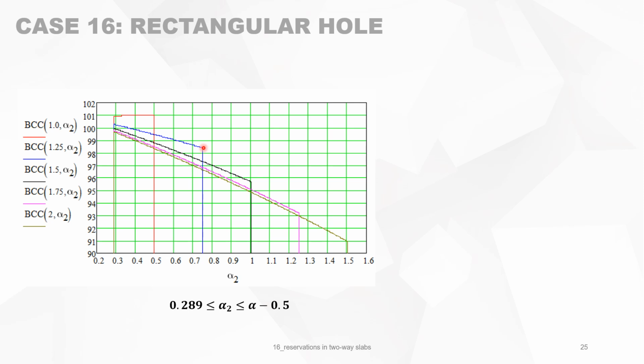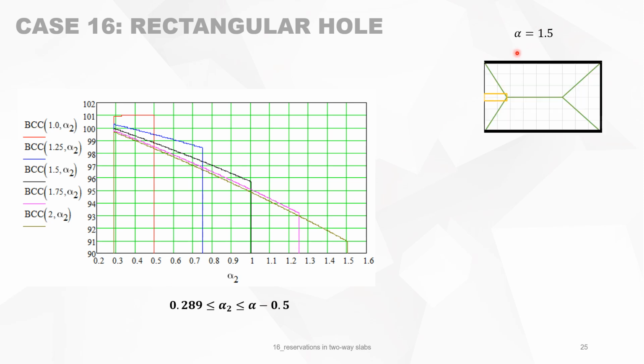But after this point, when alpha 2 is bigger than 0.75, it is getting out of range because alpha is 1.25. So then the formula drops there. This is only the range where the formula can be used. Each alpha has its own limitation, which is governed by this equation.